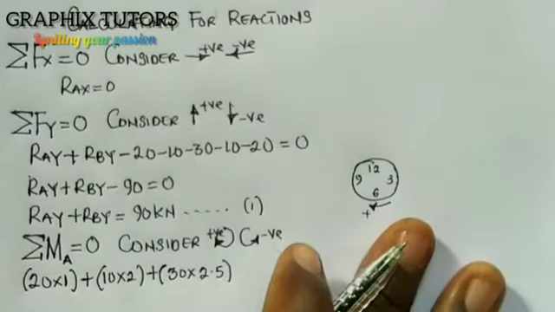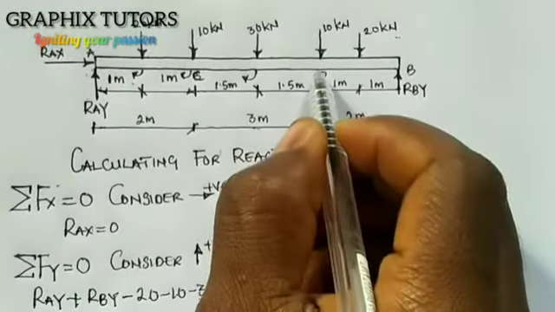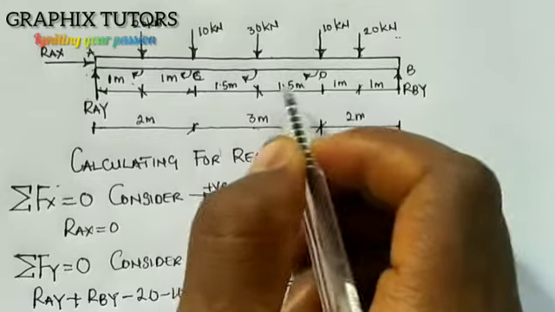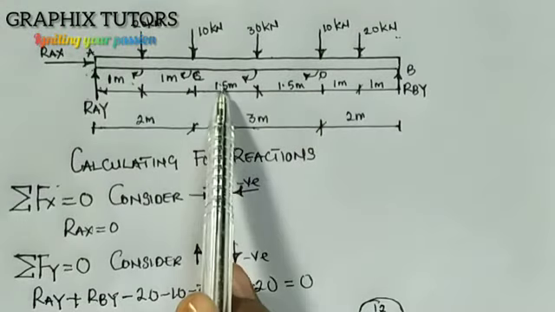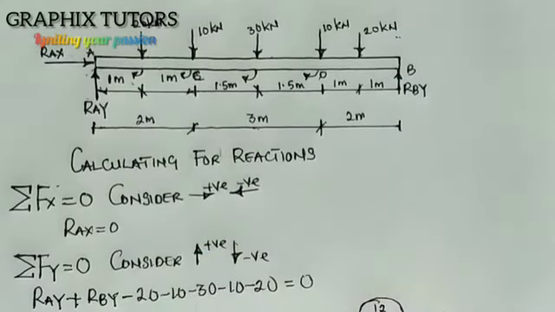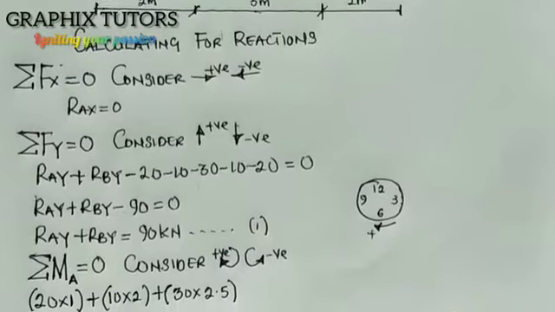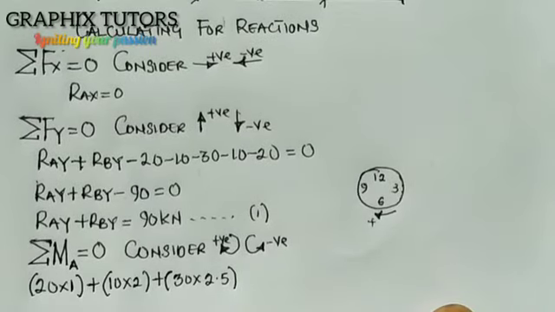Now the next one is 10. Right? 10 is coming the same direction, and that will be 10 times, this is 1.5 plus 1.5, that is 3, 4, and 5. So that will be 5 meters. So the distance from there is 5 meters, and we have plus 10 times 5.